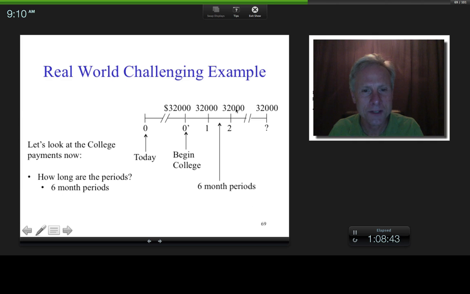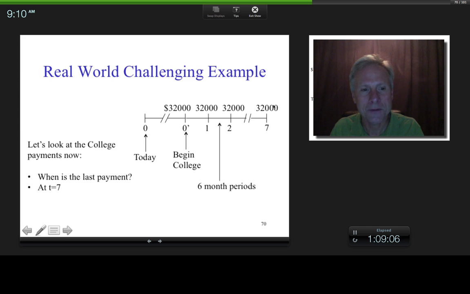Every 6 months, right? So these are 6-month periods. And how many of these cash flows are there? She's going for 4 years, so 4 years of 6-month payments. How many payments are there in total? 8, right?